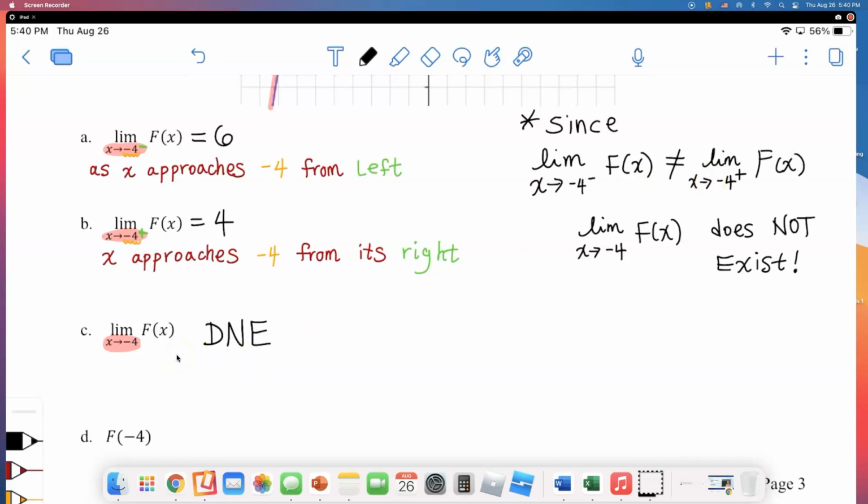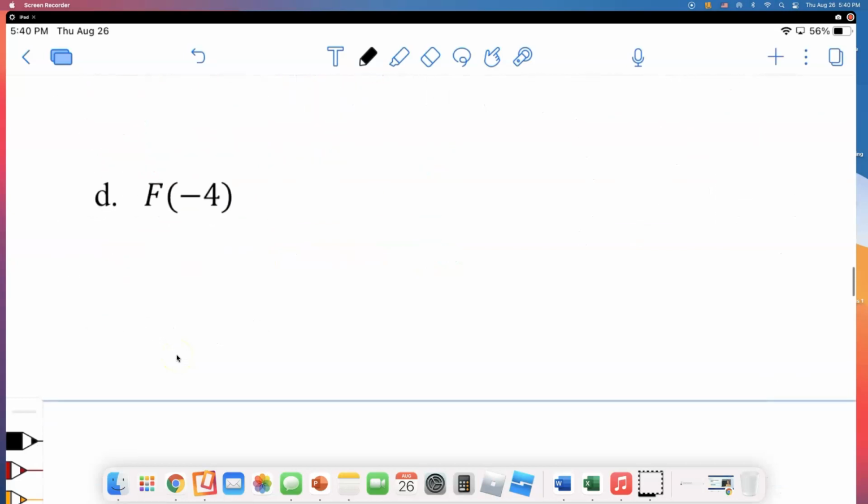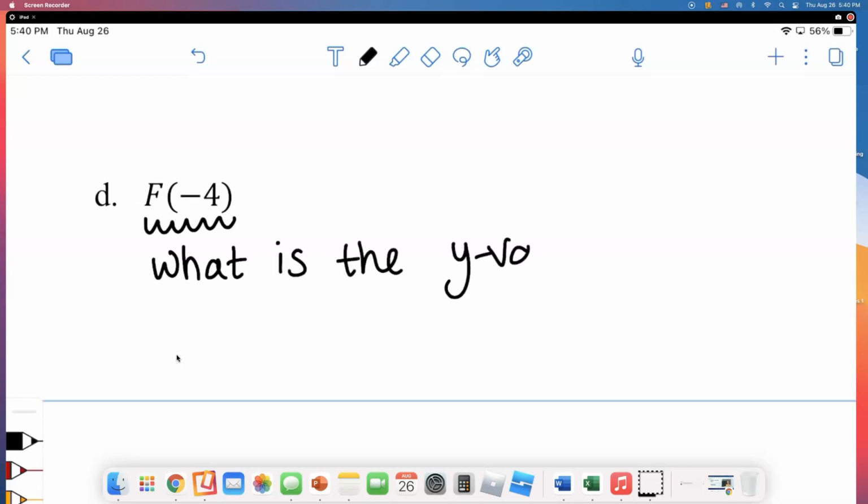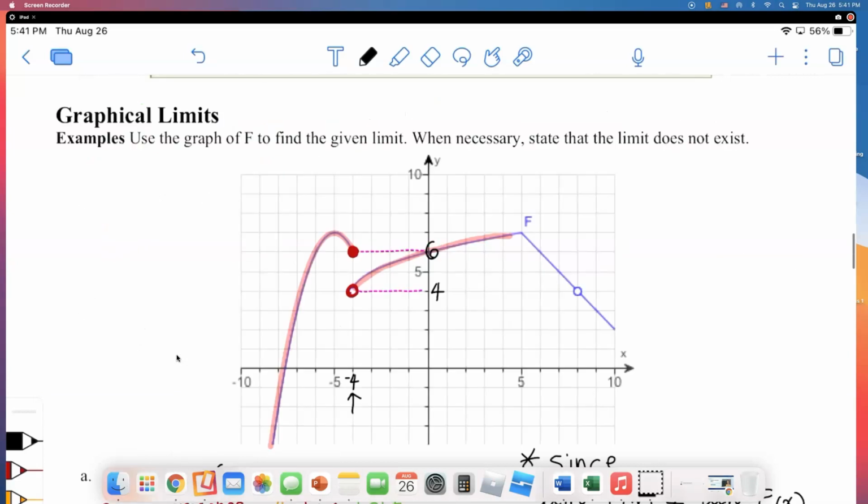All right, so let's look at, well, what's this? f of -4. This is just evaluating the function, so this is not a limit. We're just trying to find a closed circle at x equals -4. What they're asking is, what is the y value for x equals -4? Let's go find it. When x is -4, where is the y value? Now we've got a problem though.